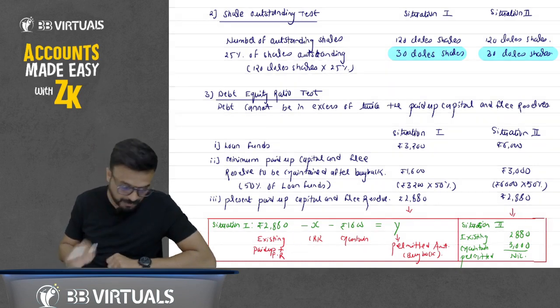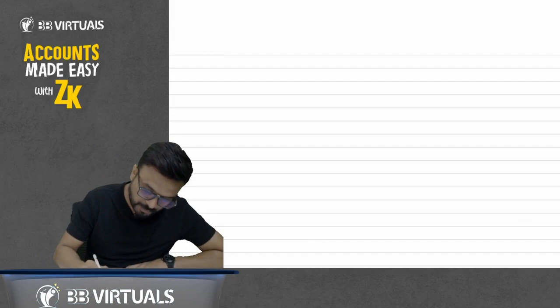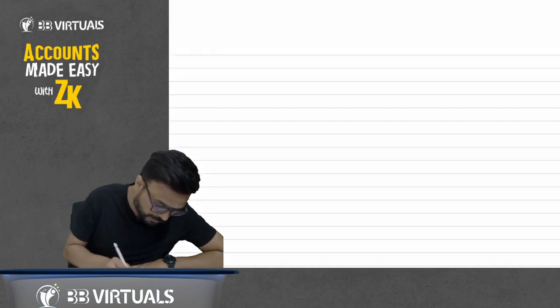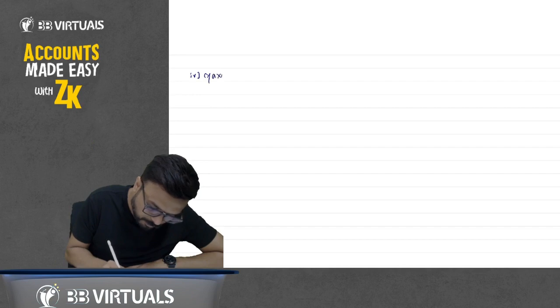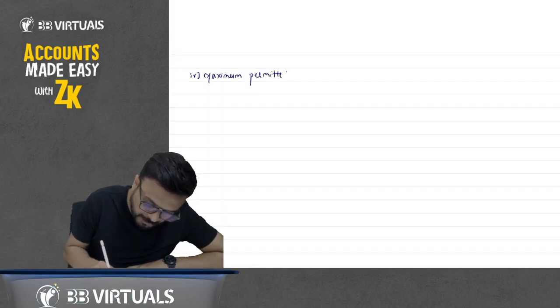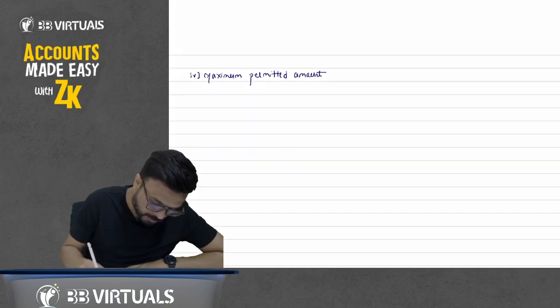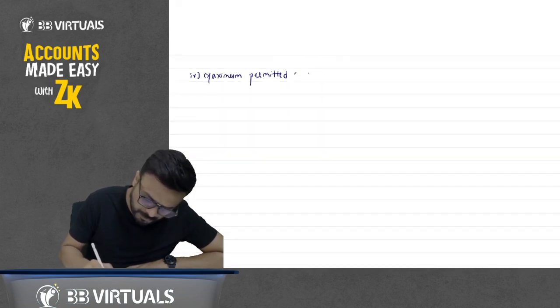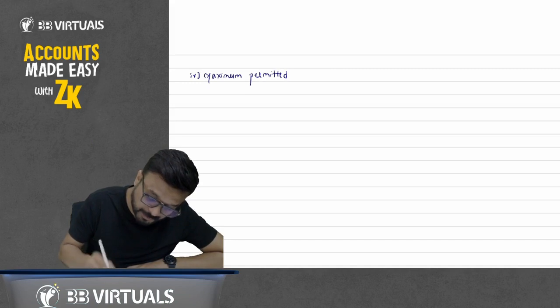Okay, point number 3 is done. Now write down point number 4: maximum permitted amount, or maximum permitted buyback.